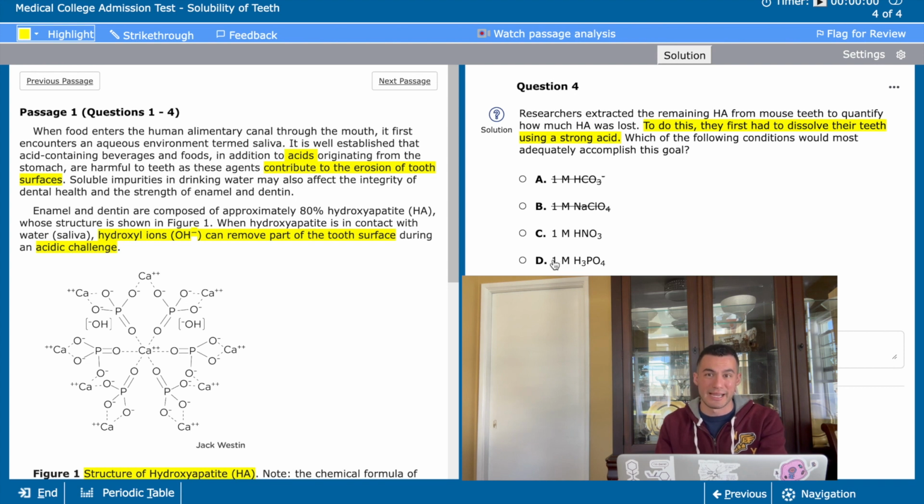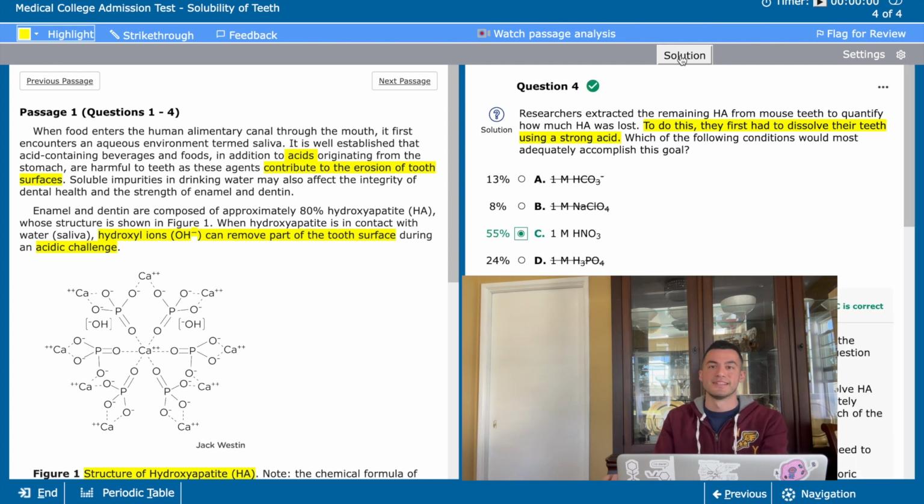So I'm gonna have to eliminate D, even though it would be a very tempting answer to pick, because phosphoric acid is simply too weak due to the fact that it's very easy to rip off the first proton, then the second, then the third. Yeah, C is a good choice. Let's see if it's what it is. Nice. It ends up being C because nitric acid is a very commonly strong acid in this case.